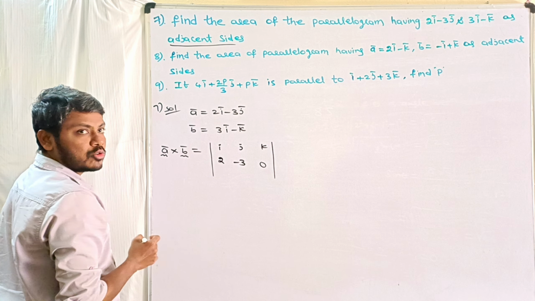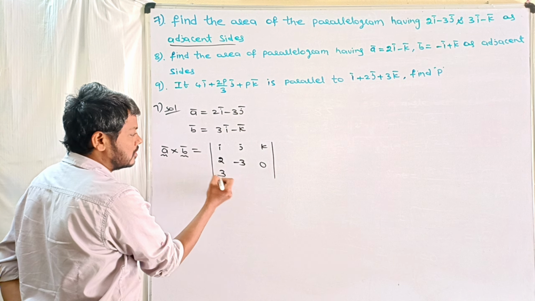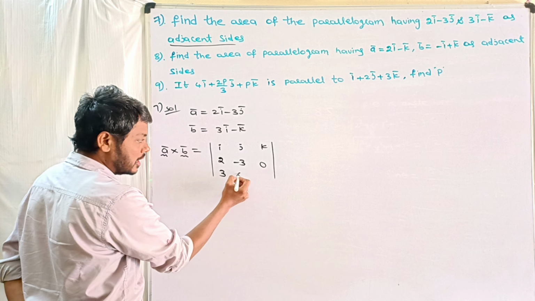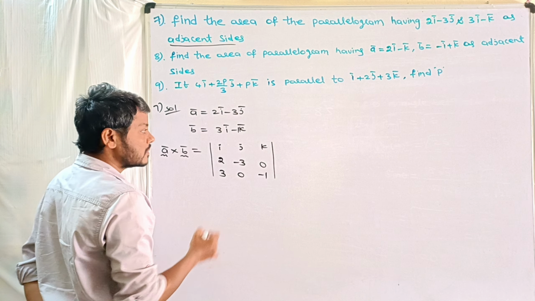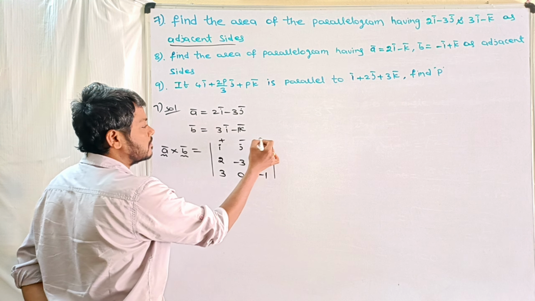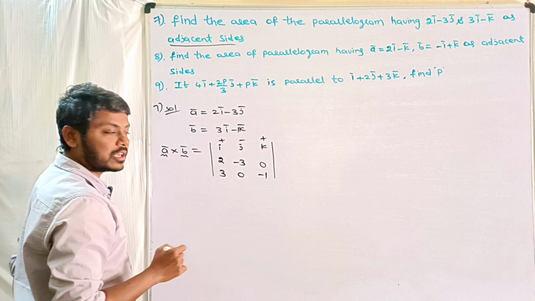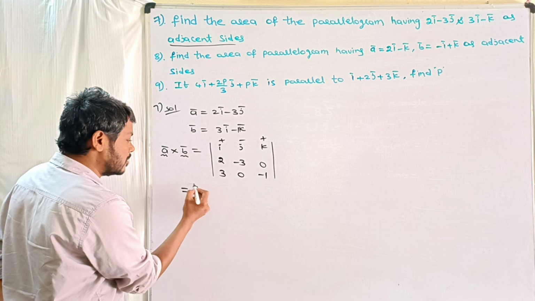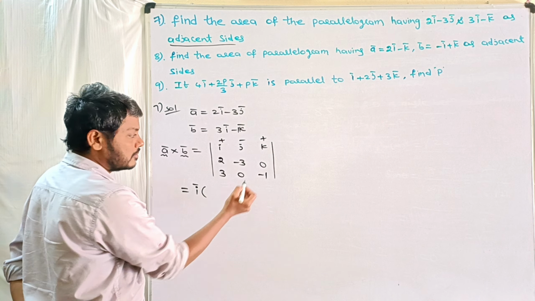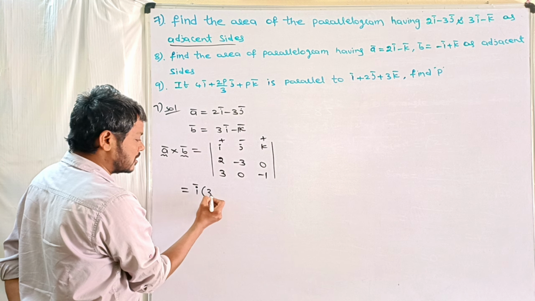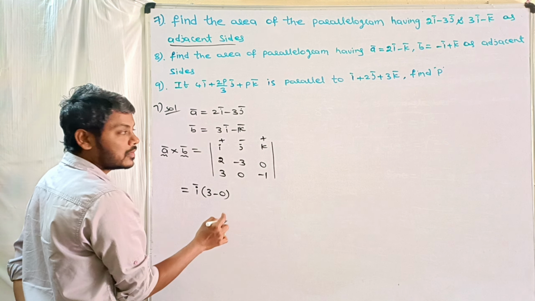Next, B bar vector coefficients. I bar coefficient 3. There is no J bar, write 0. And K bar coefficient is minus 1. So write the symbols plus, minus, plus. You can find the determinant here. So I bar into: delete the corresponding row and corresponding column, minus 3 into minus 1, 3, minus 0.